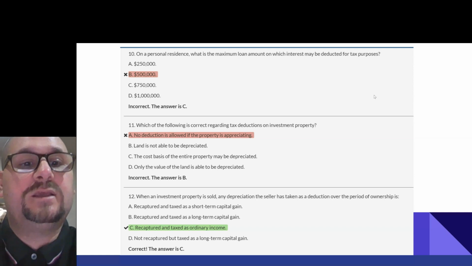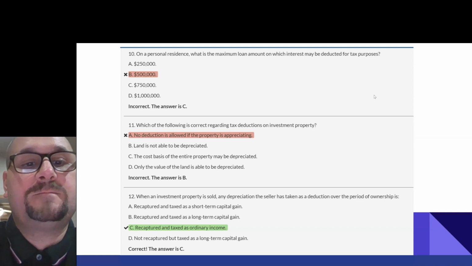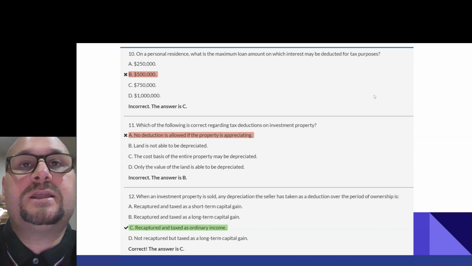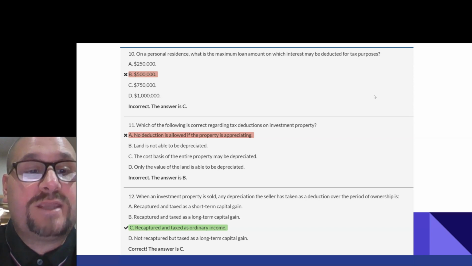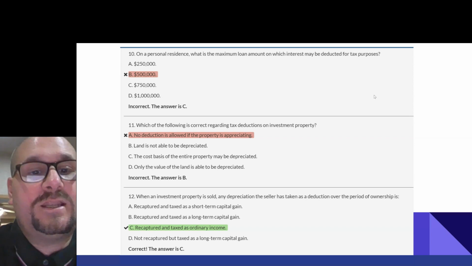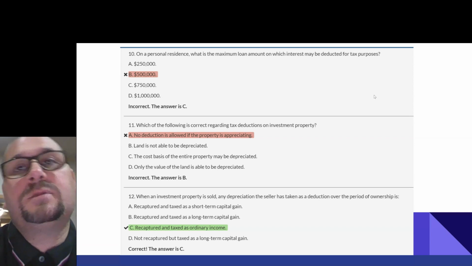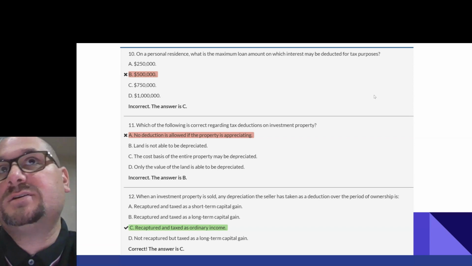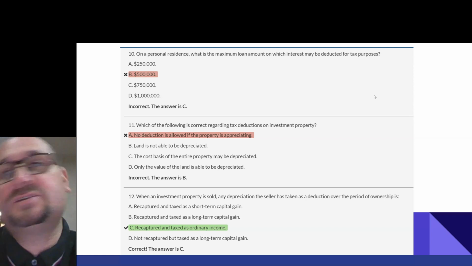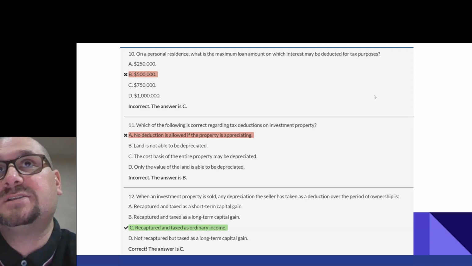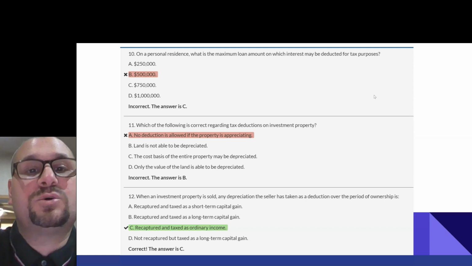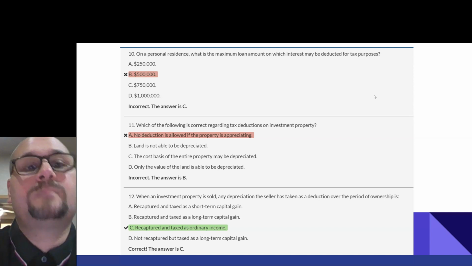Personal, this doesn't apply. But on an investment, you think you're going to depreciate and save money. It'll be recaptured when you sell it, and it's going to be taxed as ordinary income. So say you depreciated $100,000 over 10 years and you sell it in 11 years. Well, that $100,000, you're going to be taxed on that as ordinary income.